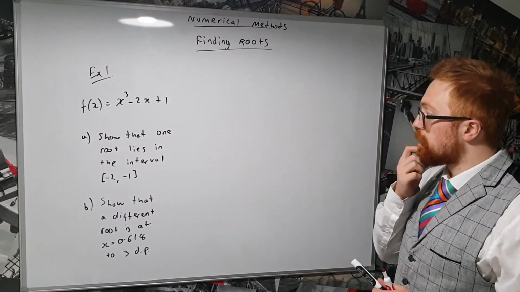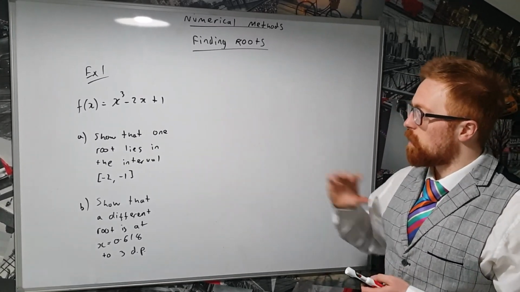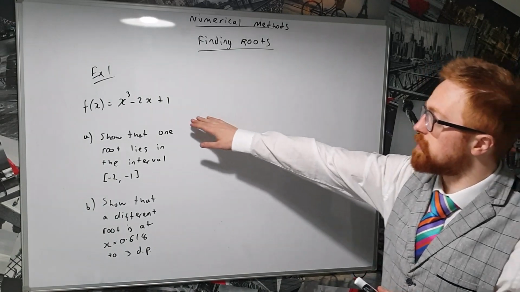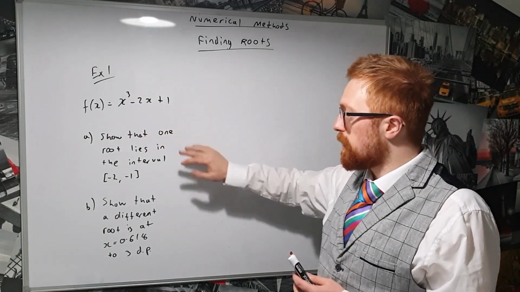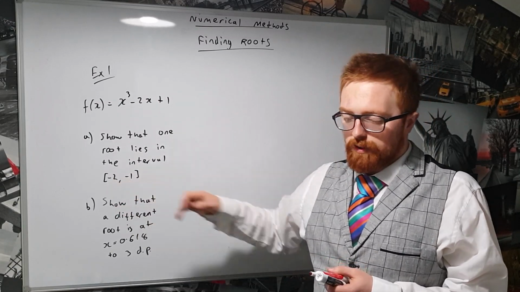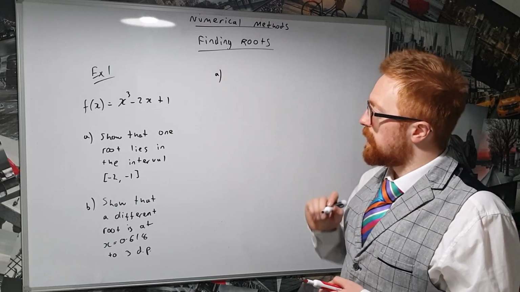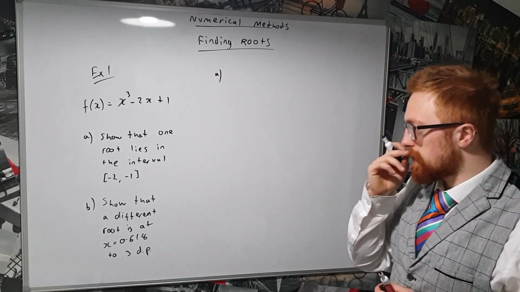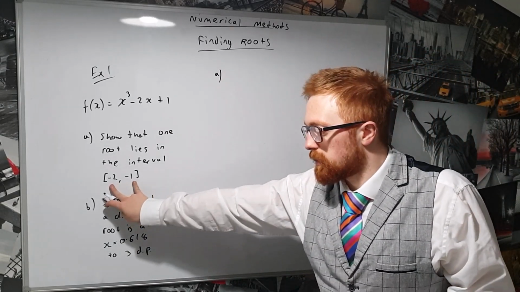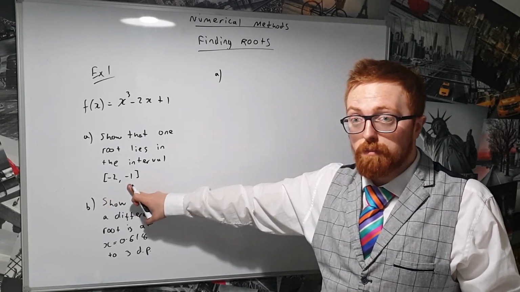Okay, so let's look at an example of how to apply this and how to find whereabouts roots are. We've got this function, x cubed minus 2x plus 1, and I need to show that one root lies in the interval [-2, -1]. A little bit of notation here: this interval just means in between minus 2 and minus 1.